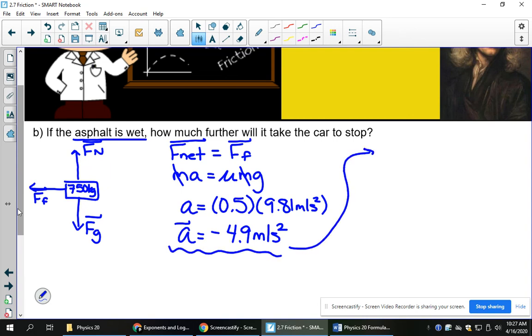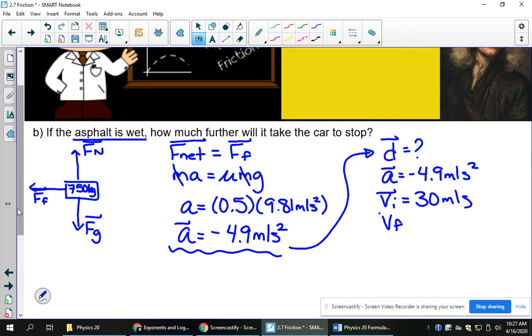I'm now going to go ahead and use that to find the displacement it will take this skidding car to stop. So I have negative 4.9 I can use. It's going the same initial velocity and it's still coming to a stop, final velocity 0. Same formula.